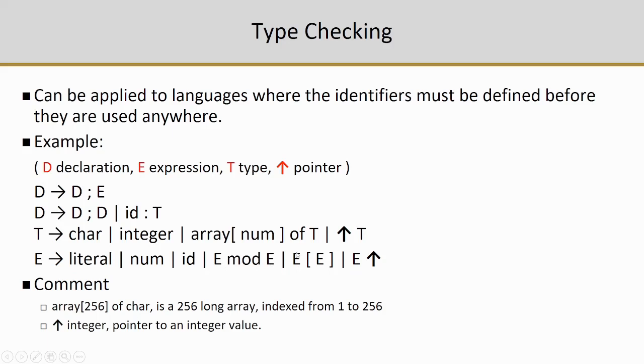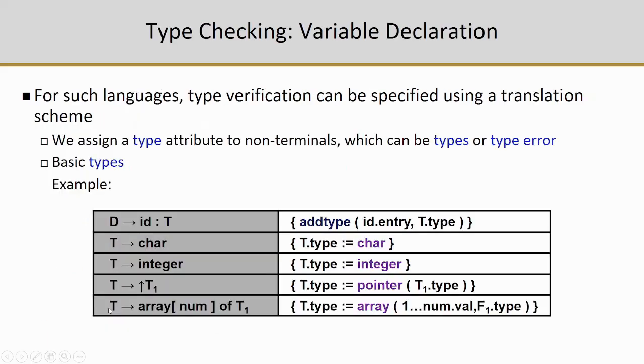We can write E and E in angular brackets, box brackets, and then E upper row. Okay.